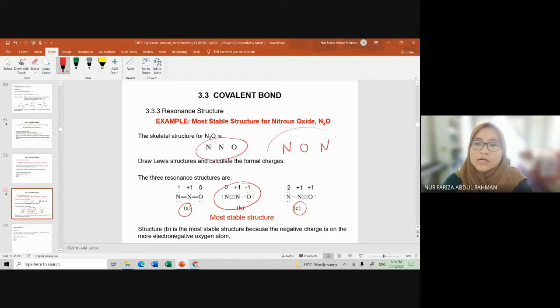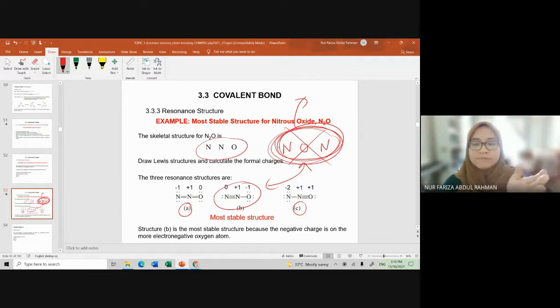This is no longer a resonance structure of this one, because the connectivity is not the same anymore. It disobeys the rule. This NON has different resonance structures, having NON as the atom placement.